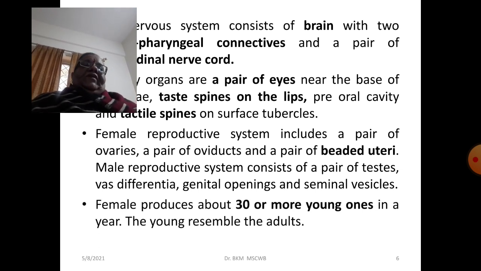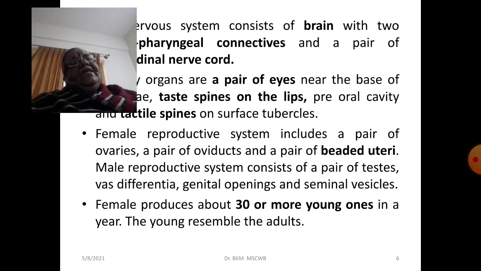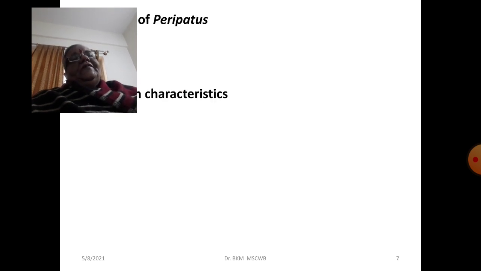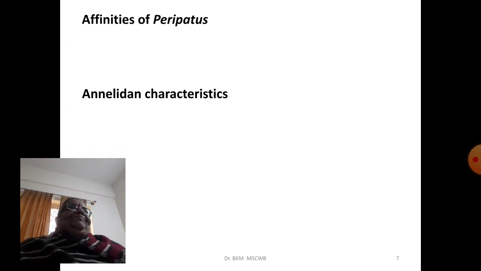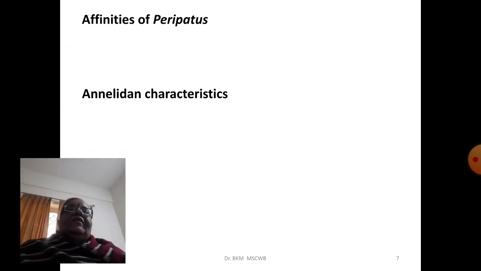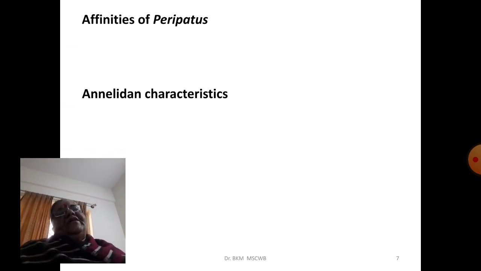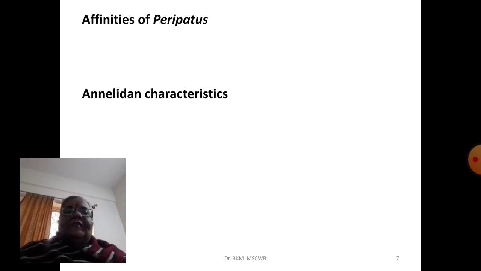Then the female produces about 30 or more young ones in a year. The young resemble the adults. So these are the unique features of the genus Peripatus.